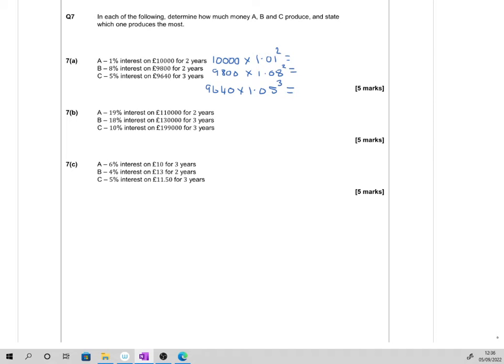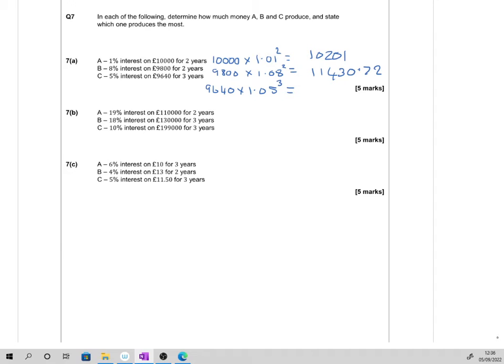10,000 times 1.01 squared is 10,201. And this one is 9,800 times 1.08 squared again, which is 11,430.72.